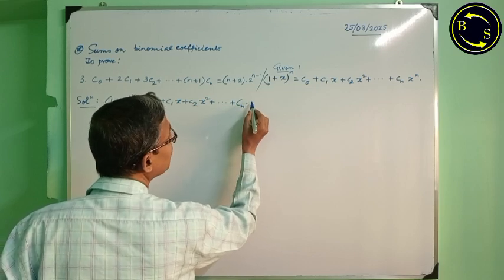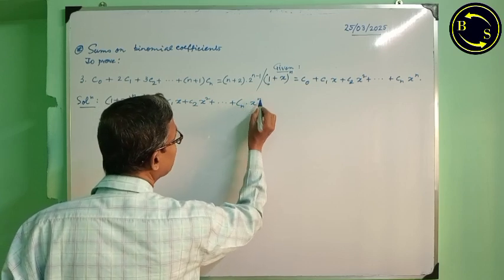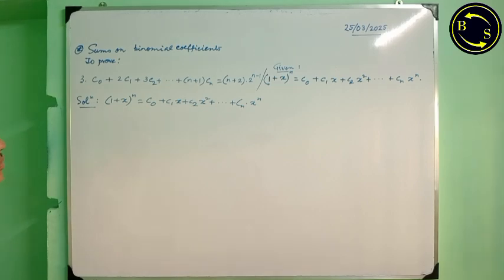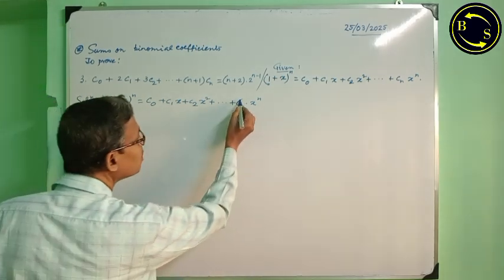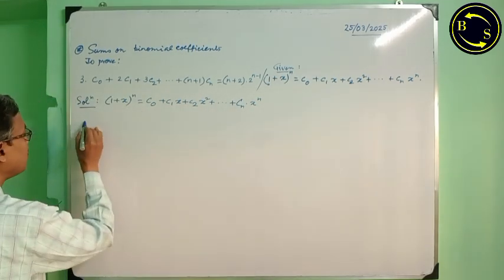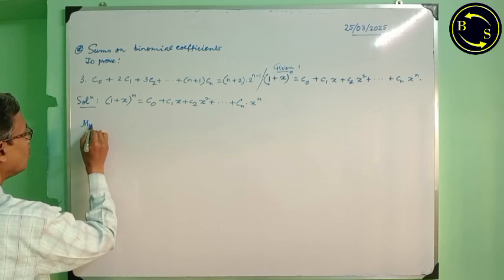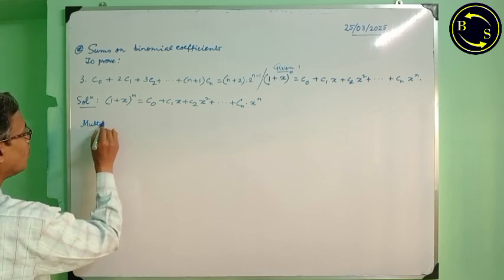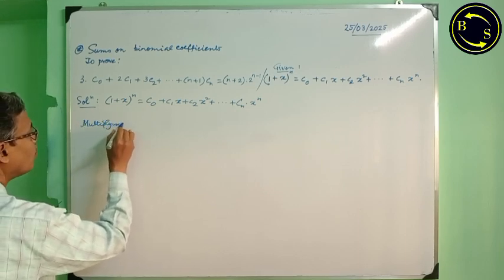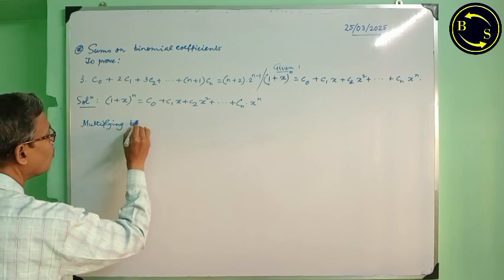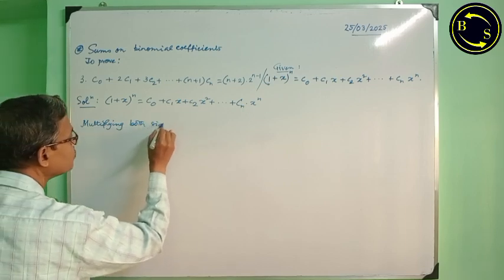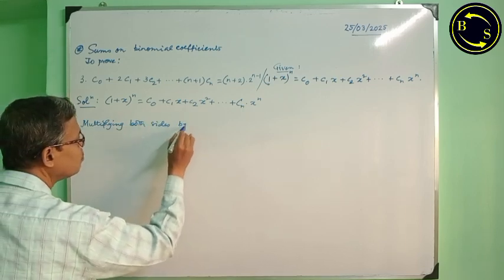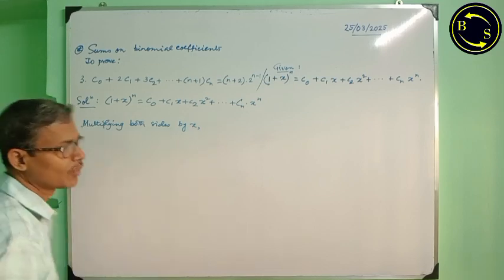Cn x to the power n. Multiply both sides by x.